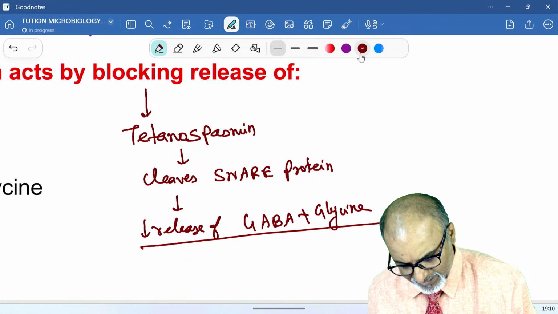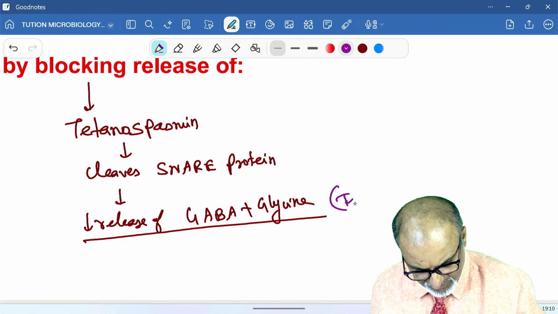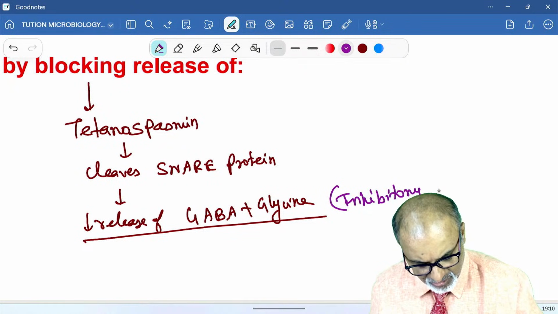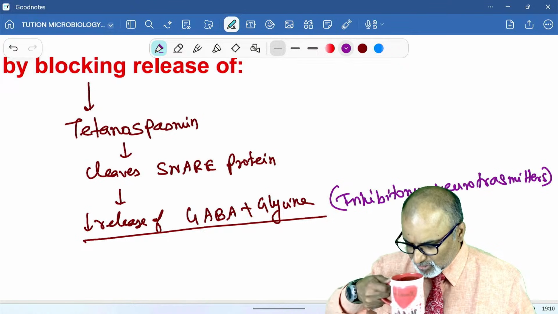We call them inhibitory neurotransmitters.